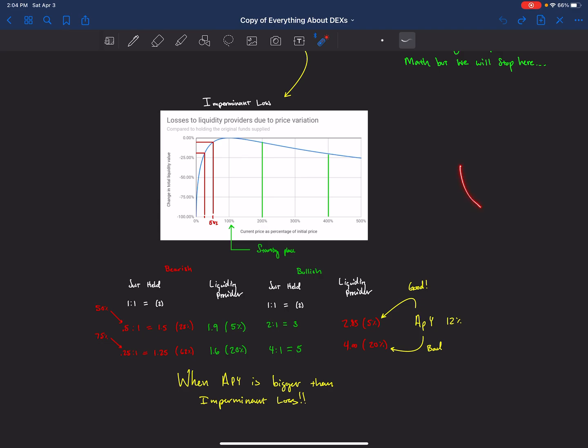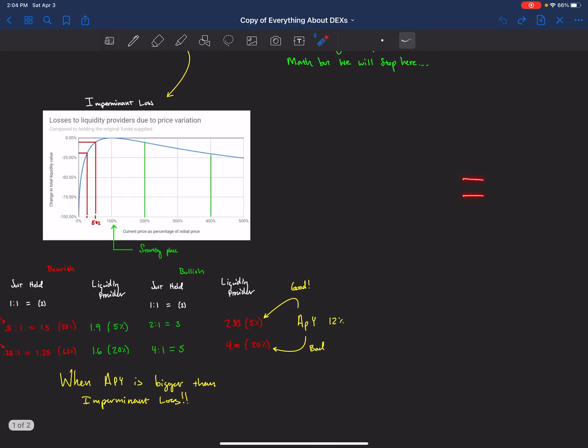If the volume divided by the liquidity equals 1, that's 100% APY. Now if the volume divided by the liquidity equals 0.5, that means that's roughly a 50% APY. If the volume divided by the liquidity is equal to 10%, that's roughly a 10% APY. I've noticed that it has roughly that correlation.